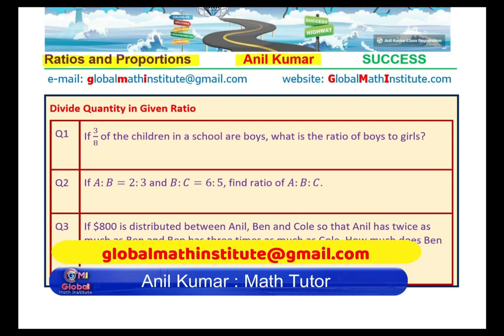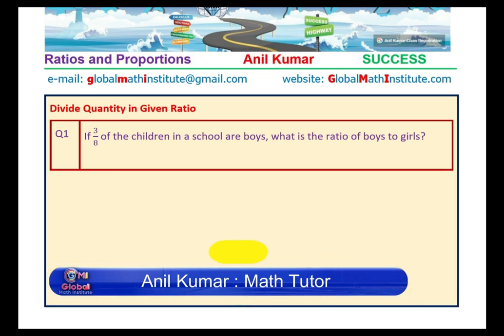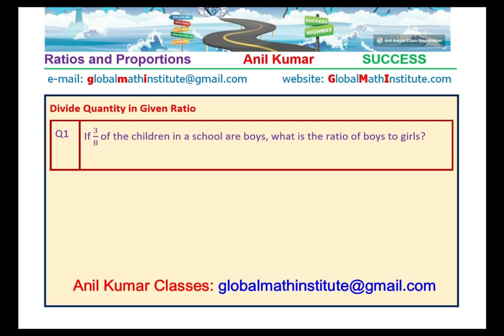Let's begin with the solution of the very first problem, which is: if 3 by 8 of the children in a school are boys, what is the ratio of boys to girls? So, we are given that 3 by 8 of the children in a school are boys.